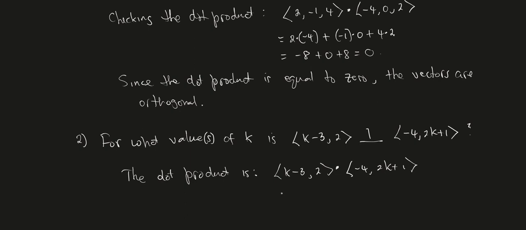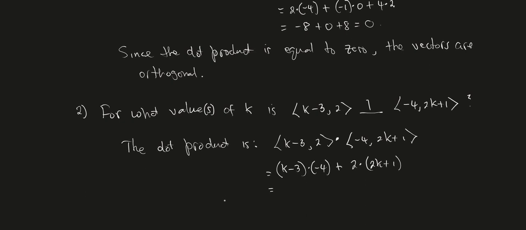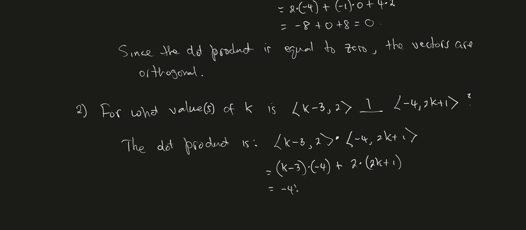The dot product is the first component in the first vector times the first component in the second vector, -4, plus the second component there times the second component there. Then let's distribute and simplify. So we end up having -4k plus 12 plus 4k, and then plus, oh, I think there should be a -2.